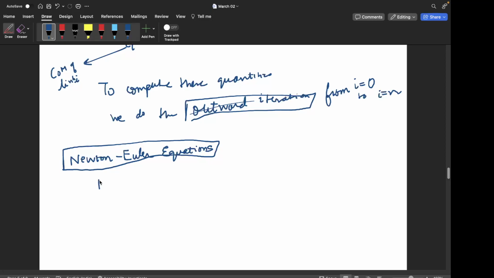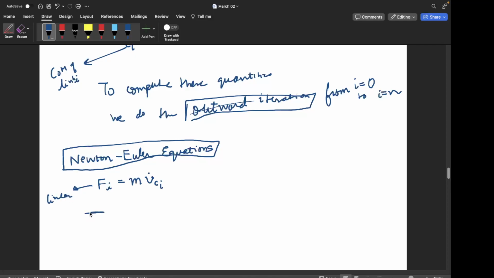And the Newton equation you are already very familiar with. F is equal to ma, right? And a I write as v dot ci, that is the linear acceleration of the center of mass. So this is the linear part.